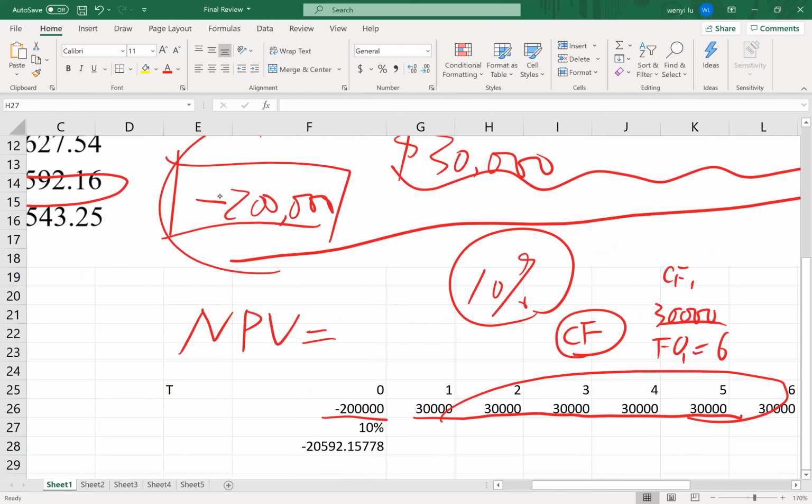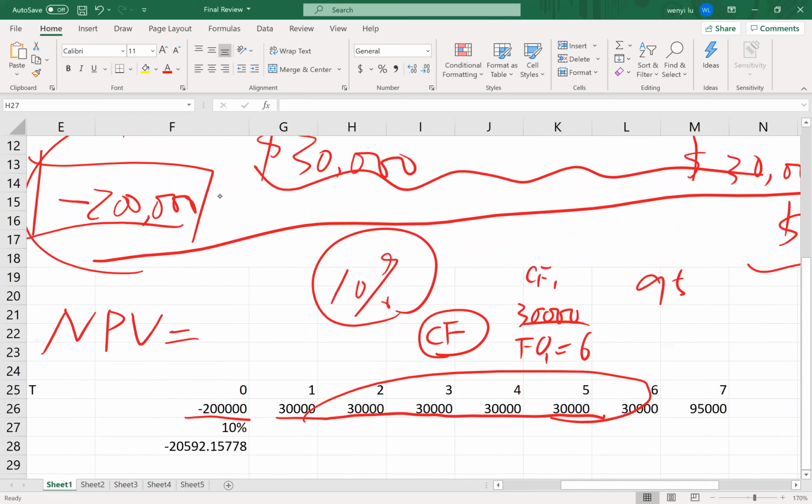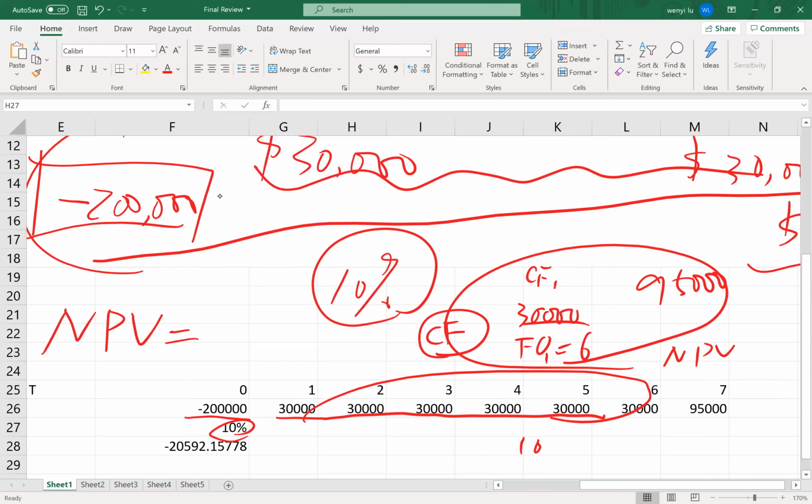Then the next one will be 95,000. Once you finish the input, you press the NPV key, enter the discount rate 10%, then press down and solve with CPT. You will get this answer also.